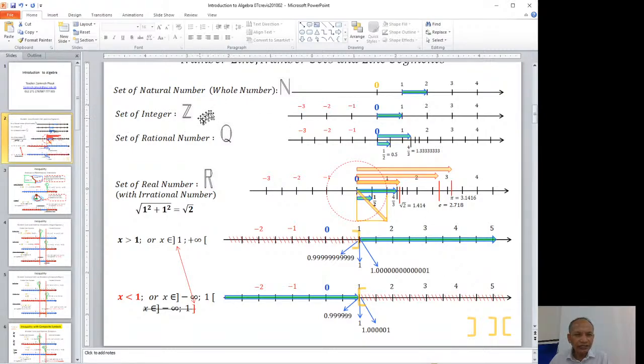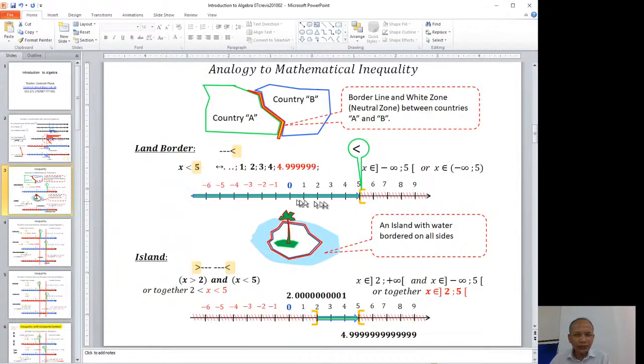So you know N, Z, Q, R. And here we have 0.99999, we have 1, and then we have 1.00001. It means like the border between two countries A and B. The country on the left, the border area doesn't belong to the first country. It belongs to the other country.